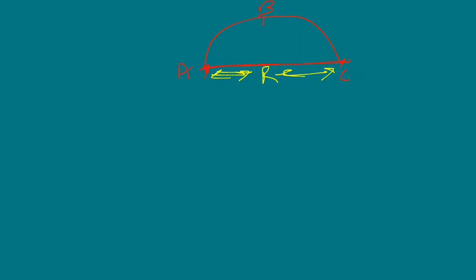So we will find it out. We found the maximum height H for the y direction. Now we will find the range along the x direction. As we know very well, along the x direction the initial velocity is u cos theta, and along the y direction the initial velocity is u sin theta.